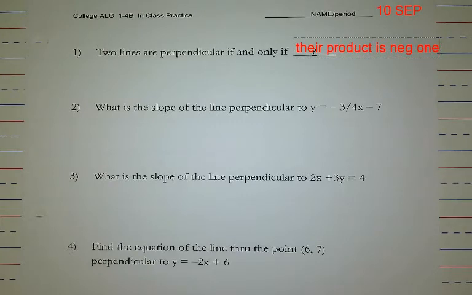So if the product is -1, that means when you multiply them together, they have to be -1. So how does that happen?